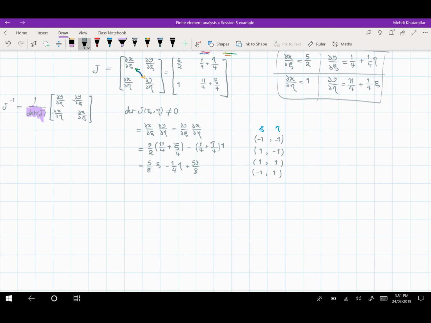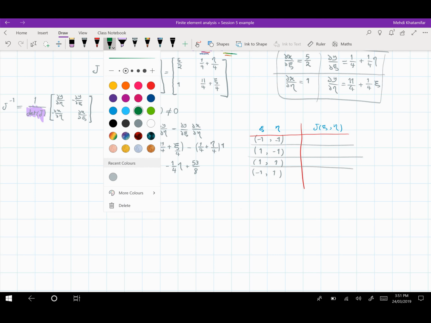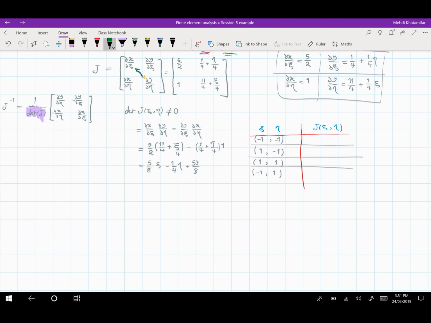Okay, these are the different nodes we have, and this is our Jacobian, which was a variable of psi and eta. Let's put the values here. So for -1 and 1, it is going to be 25/4. So it is a number, it's not 0. We're happy with it. Check.